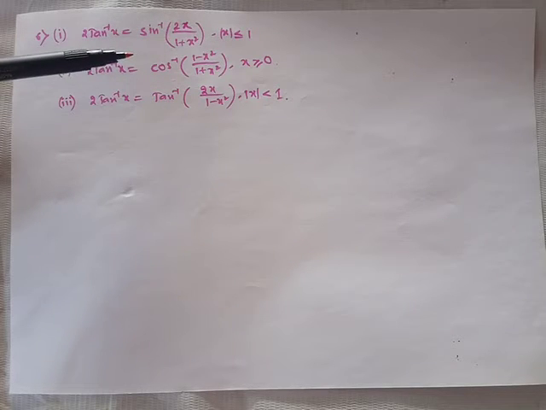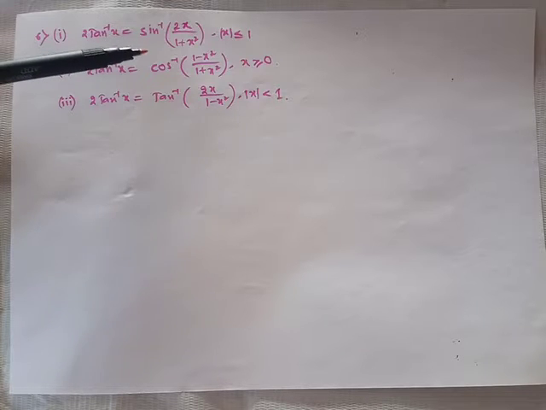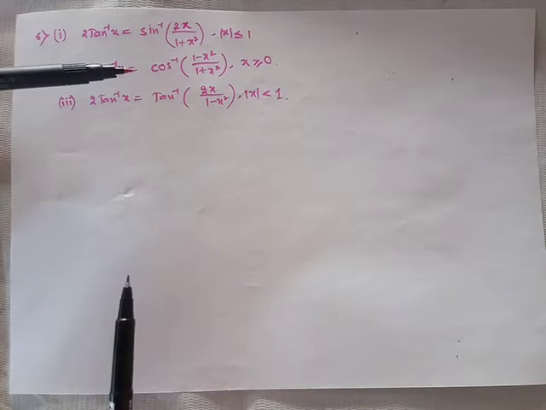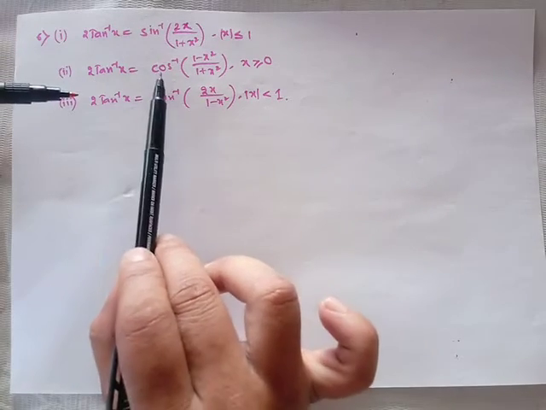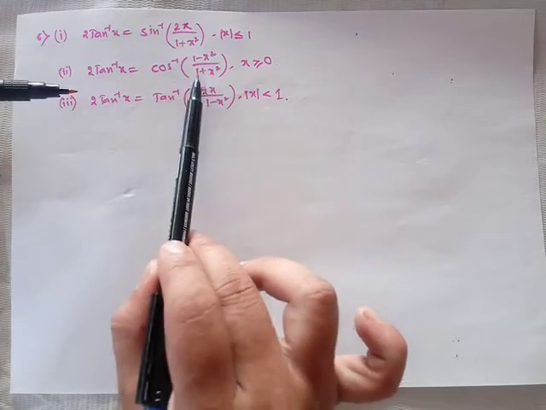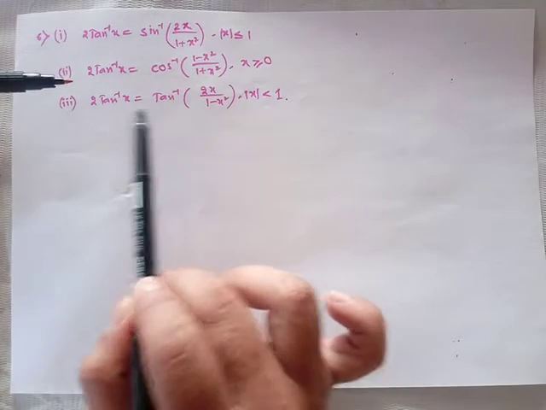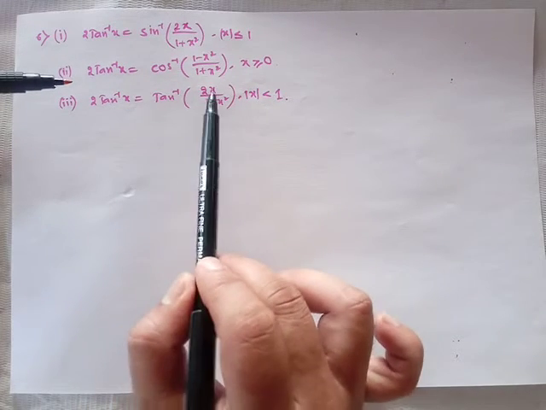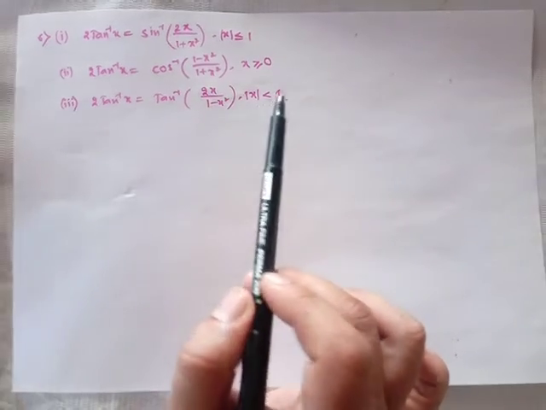As we already have sin 2x, cos 2x and tan 2x in terms of tan, the same formula is applicable, but it will come in the inverse form. Now 2 tan inverse x is equal to cos inverse of 1 minus x square by 1 plus x square, where x is greater than 0. 2 tan inverse x is equal to tan inverse of 2x by 1 minus x square, where mod x is less than 1.